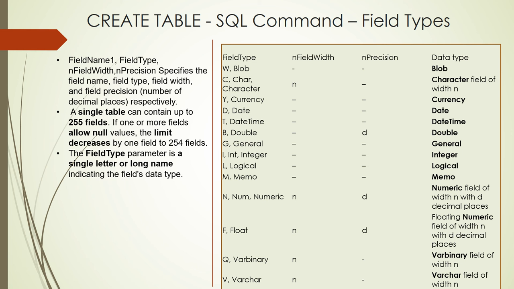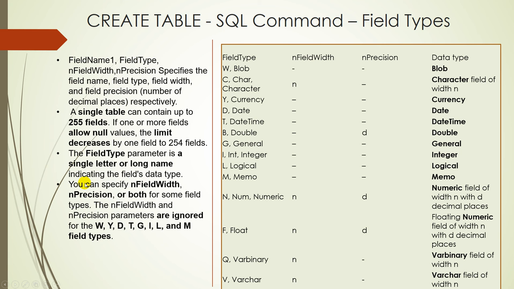And the field type parameter is a single letter or name, which may be different in other DBMSs, indicating the field's data type. You can specify the field width and precision, or both, for some field types, but the width and precision parameters are ignored for other field types.